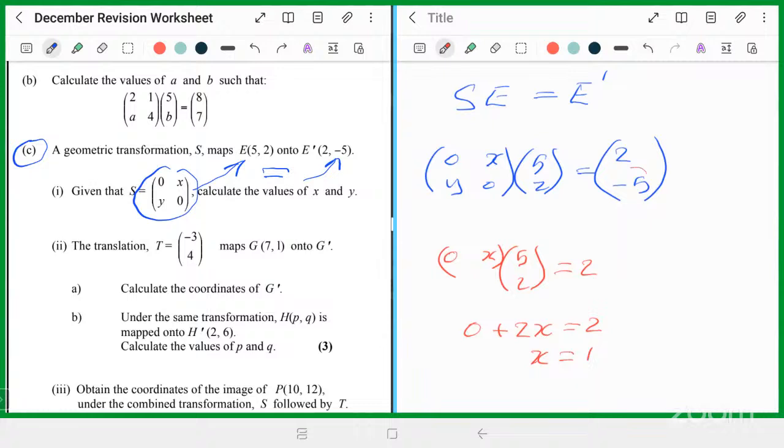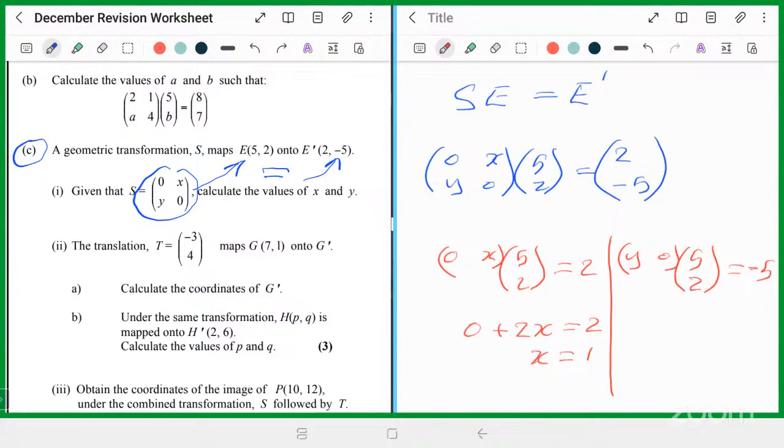And then this negative 5, now we're going to work out for that negative 5. This negative 5 is obtained by multiplying this row by this column. Same thing again. You can set it up, or you can just do it, but let's set it up. So the y, 0, times the column 5, 2 is equal to the negative 5 under here.